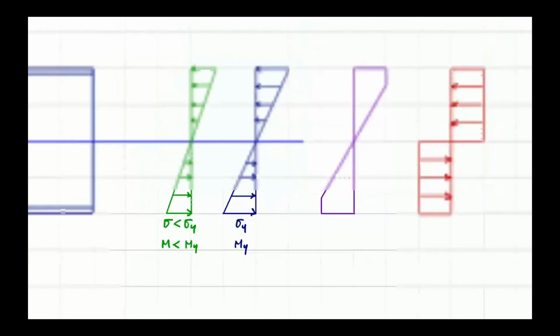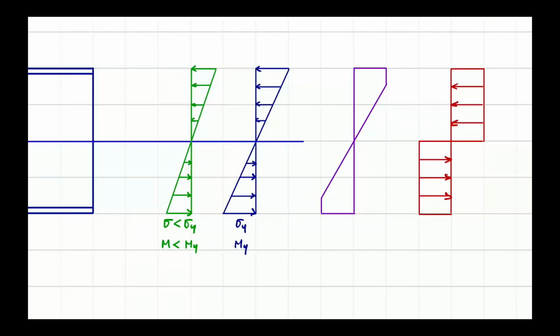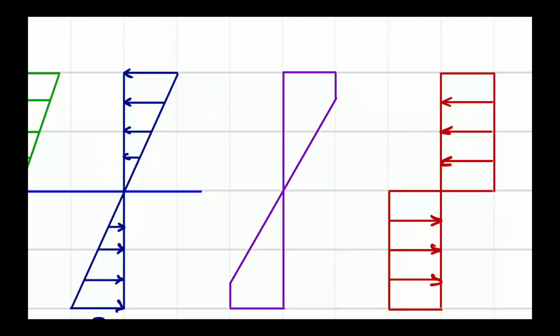The My is the onset of the yielding. Yielding starts at the extreme fiber first, and then it spreads in. And as it spreads in, you see this picture.